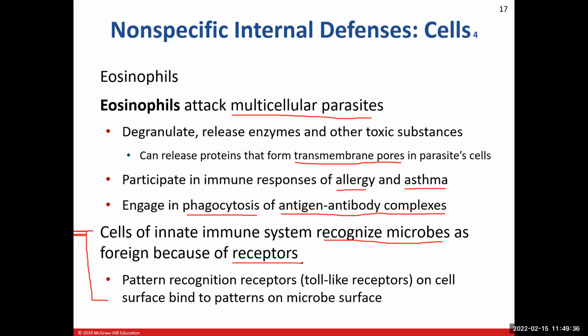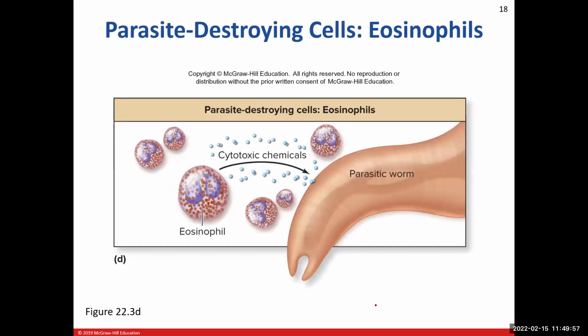So that's what they do, right? They're going to look at the cell surface receptors through pattern recognition. And if it's a different pattern, and that's usually what we'll see on microbe surfaces, well then guess what? We're going to bind to that cell and we're going to cause an issue for that foreign cell and kill it.